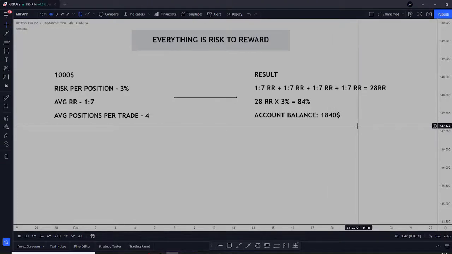Okay, so this might seem a bit crazy to a lot of people, but you have to understand that if you know how to trade safely and know when to enter and when to add positions and how the market moves, this is just the same thing over and over. Like I say, this is not something we do every day. I see a lot of traders out there showing that every day they have 28 risk to reward and 100% every day.